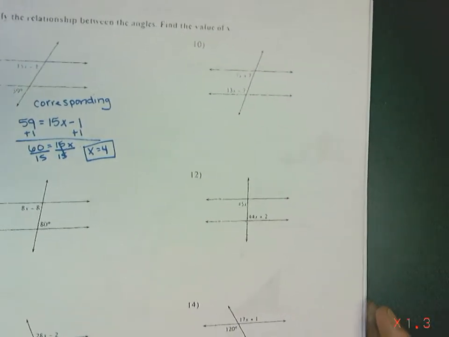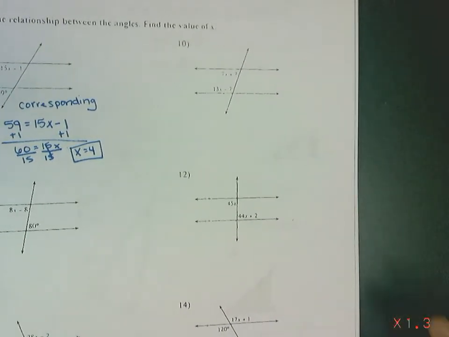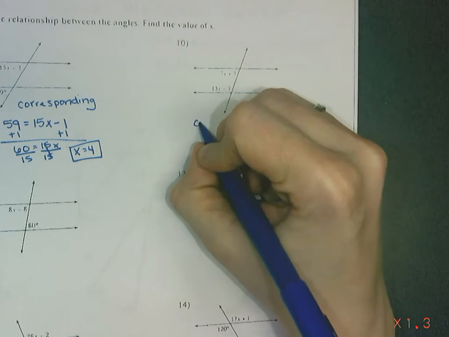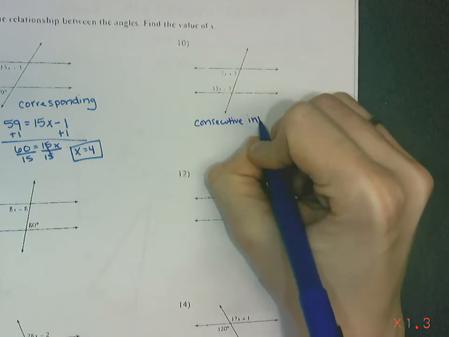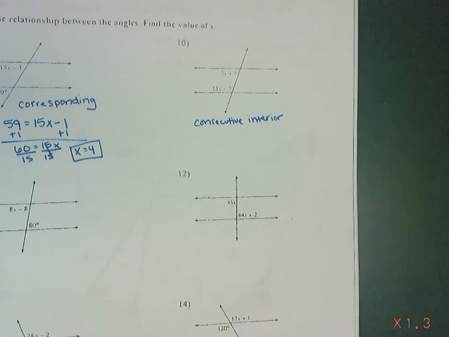Okay, let's do number 10. These are on the same side, and they're on the inside of the parallel lines. So remember, we call that consecutive interior, and consecutive interior angles add up to 180 degrees.